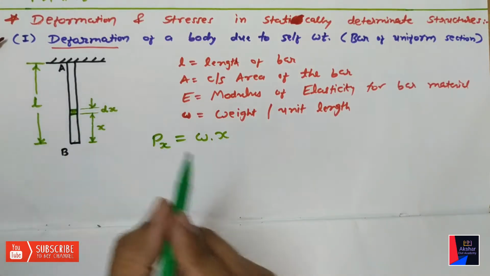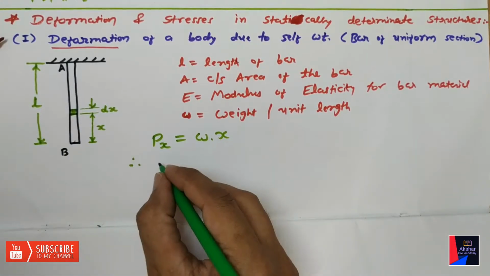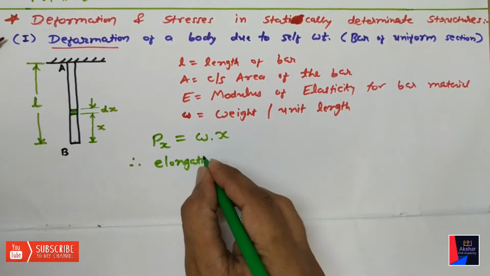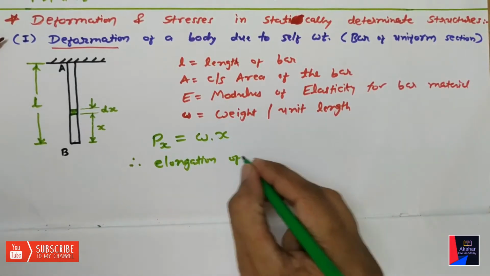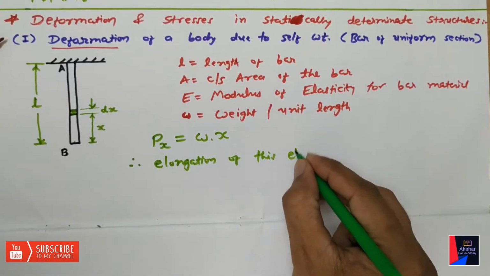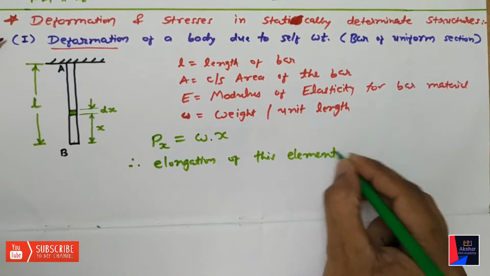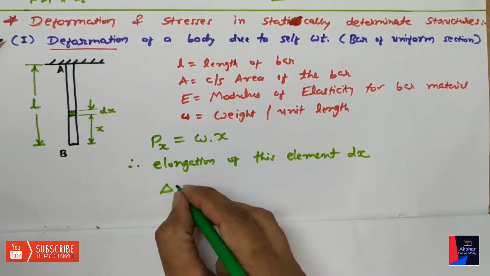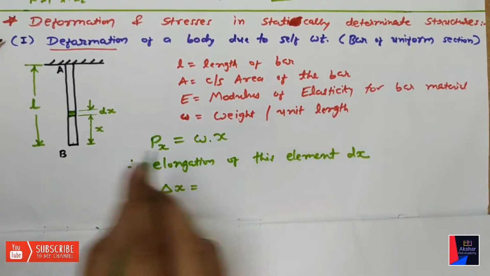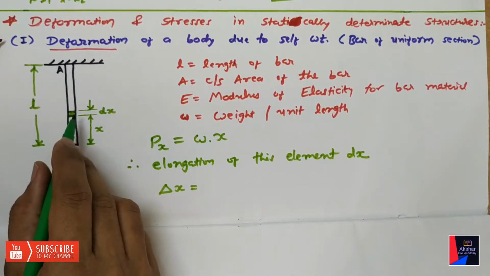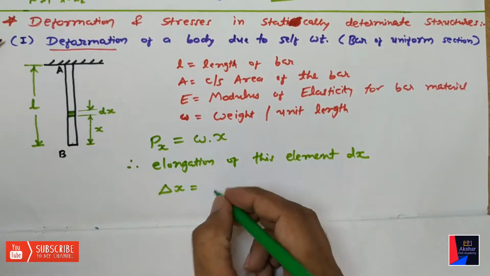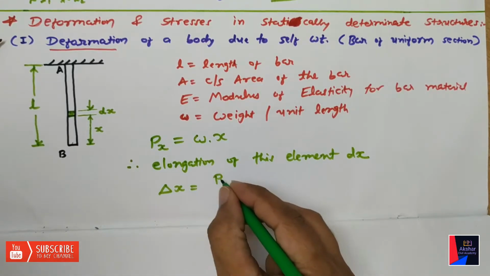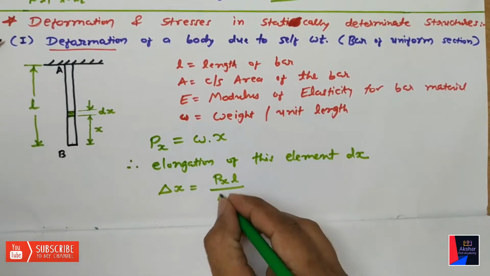Hence we can write the elongation of this element dx, let us take it as delta x. We know the equation of elongation will be PxL upon AE.